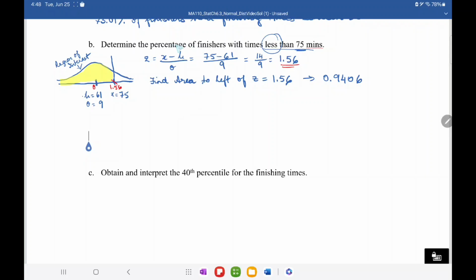So area to the left is 0.9406. You have to give your final answer in percentage form. So you're going to say 94.06% of runners at the New York City 10 kilometer run had finishing times less than 75 minutes.